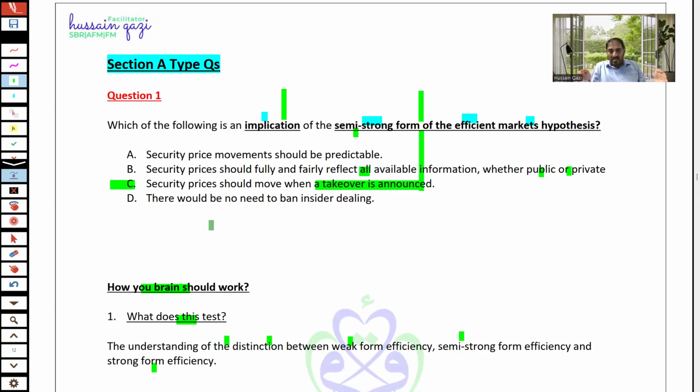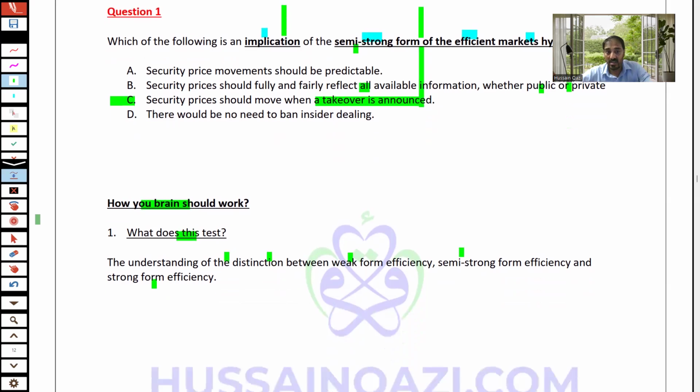If you practice the questions, always invest time in this manner. Read the question. Number one, which concept? Number two, keywords. Number three, phrase. That's what is being tested here. Further, don't hurry to refer to the solution. You have to intelligently attempt the question and then refer to the solution.